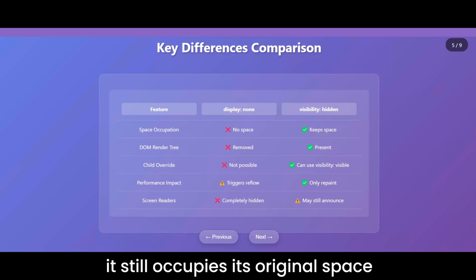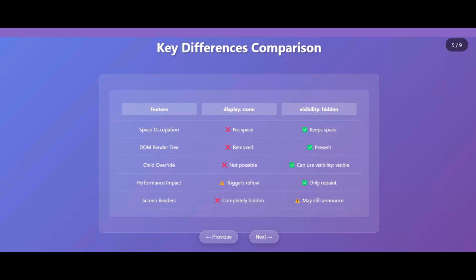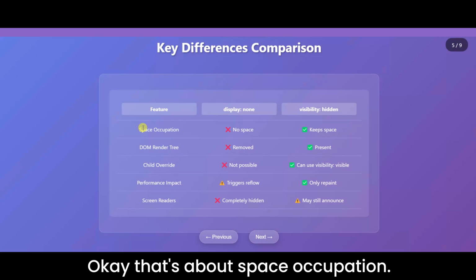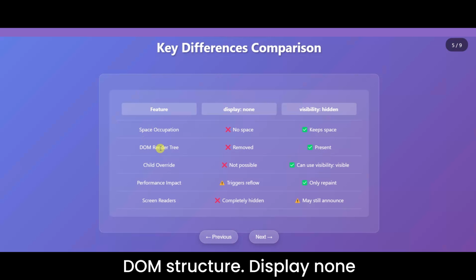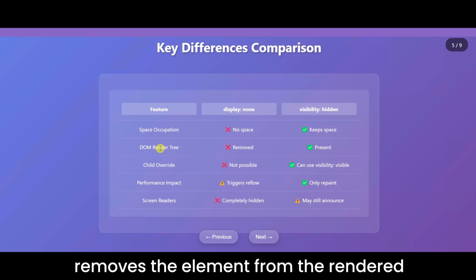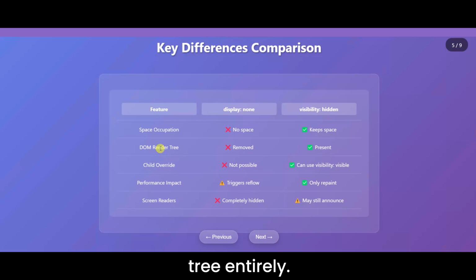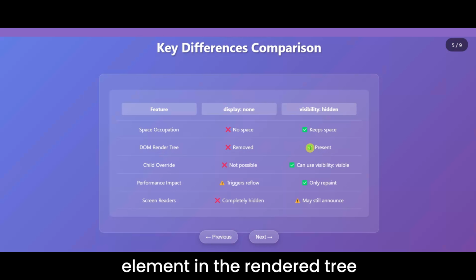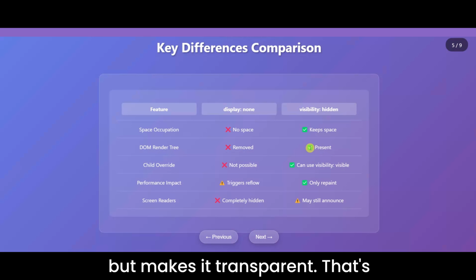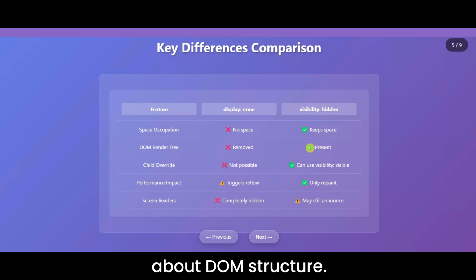It still occupies its original space, just becomes invisible. That's about space occupation. DOM structure: display none removes the element from the render tree entirely, whereas visibility hidden keeps the element in the render tree but makes it transparent. That's about DOM structure.